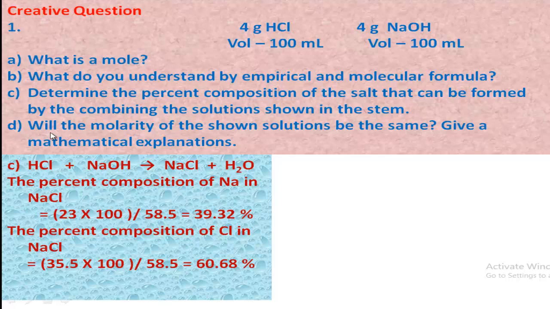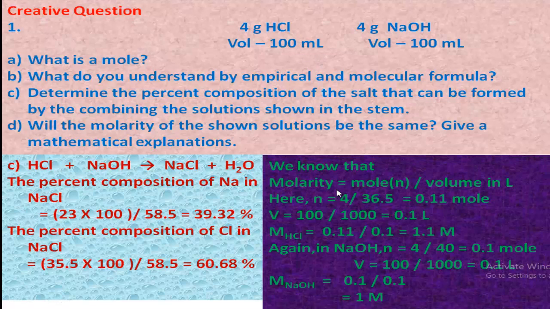Now follow the D number questions. Will the molarity of the shown solutions be the same? Give a mathematical expression. That means you have to determine the molarity of these two solutions. And you know that molarity equals mole divided by volume in liter.